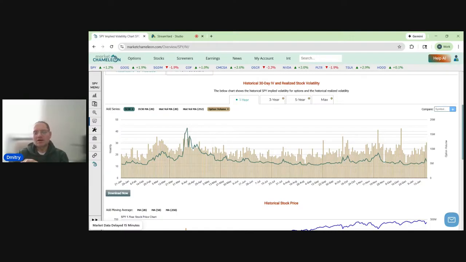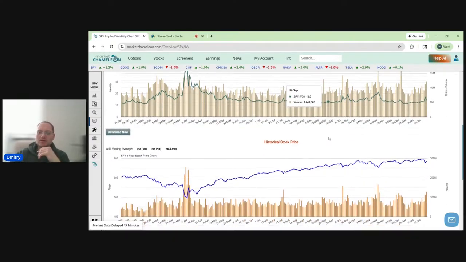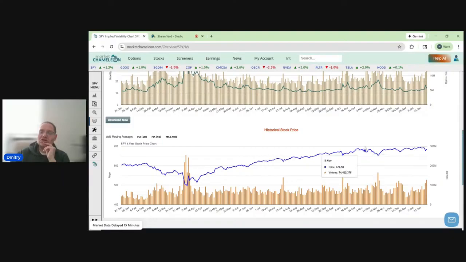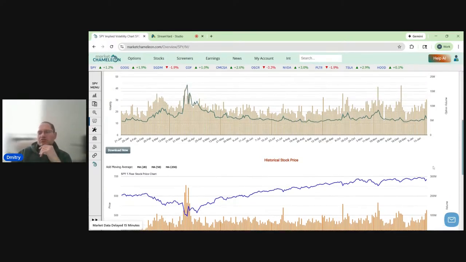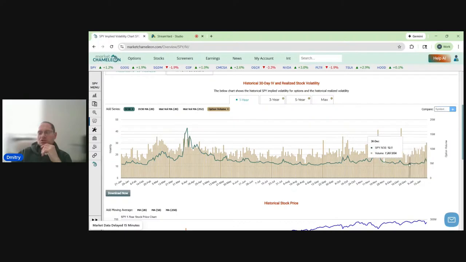And if you scroll a little bit lower, you get this other chart, which shows the stock chart for the same time frame. But first, let's just discuss what this line means, this implied volatility chart.